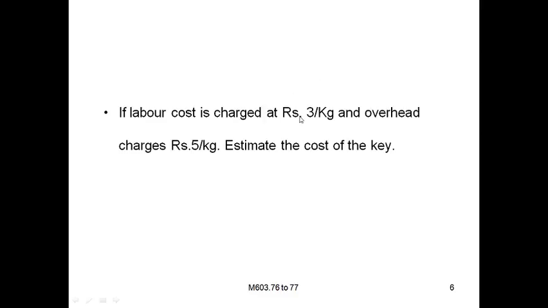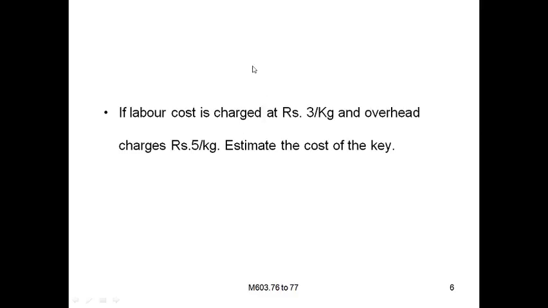But suppose you want to perform any operation in forging, suppose you want to reduce the thickness, you need to engage a worker, or labor. That labor cost is 3 rupees per kg with respect to the net weight.